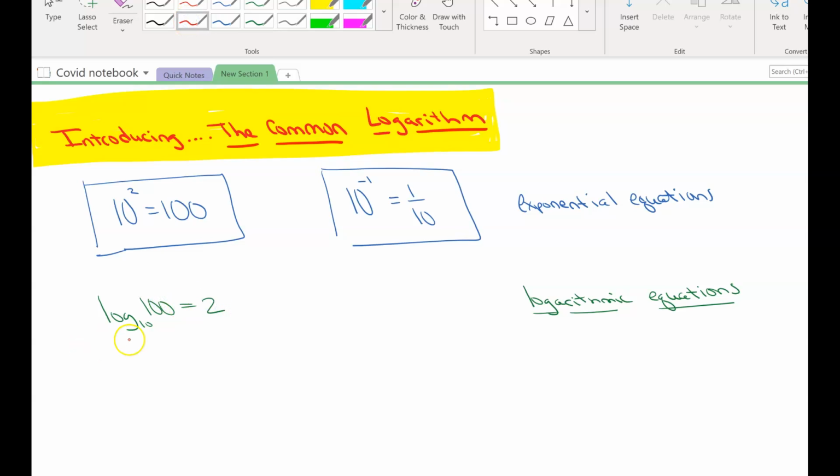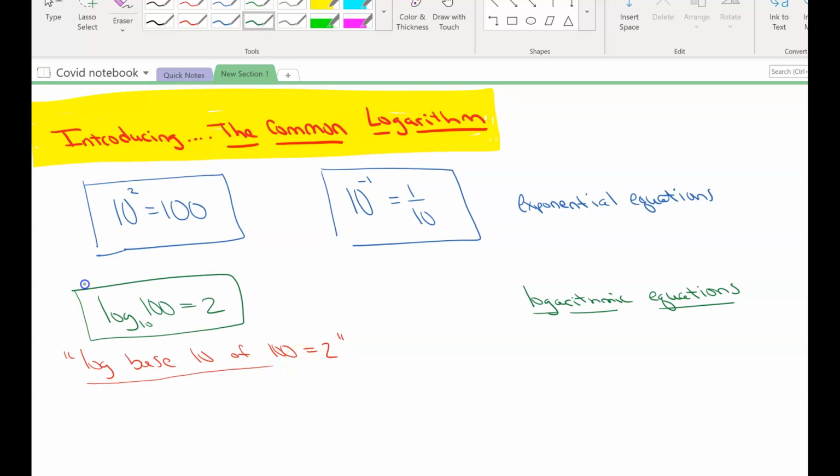So important is this new perspective that I want to actually write down the way you say this. Log base 10 of 100 equals 2. This is the mathematically correct way to say this, okay?